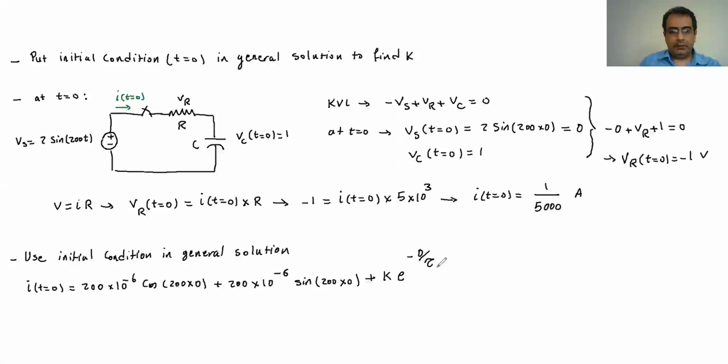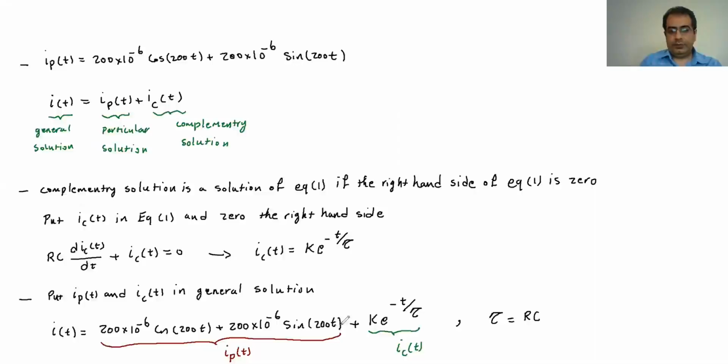Let me put 0 here for the t. So basically in this equation, everywhere we have t, we replace the t with a 0.